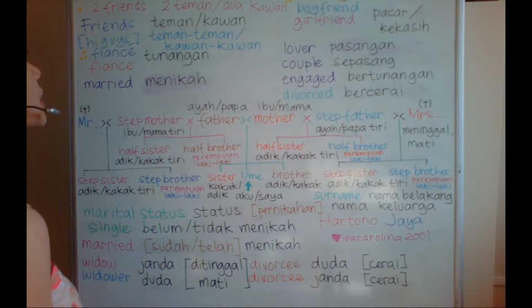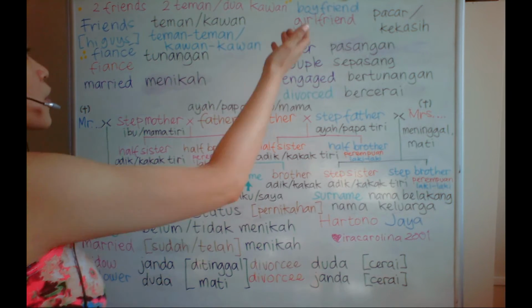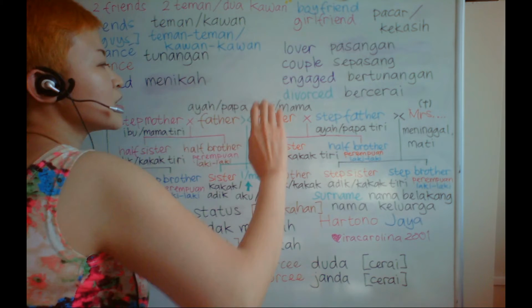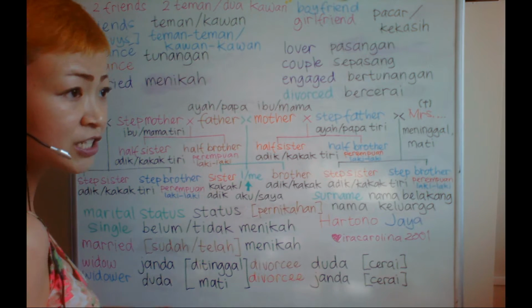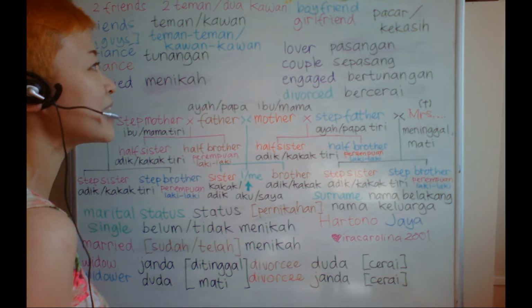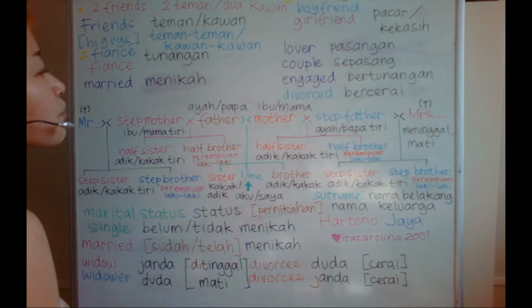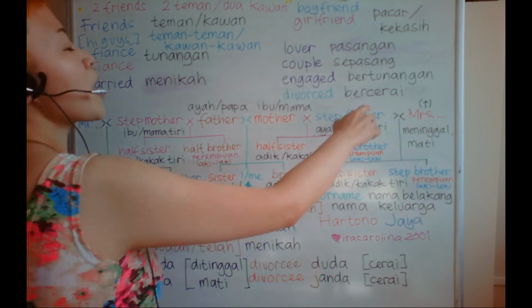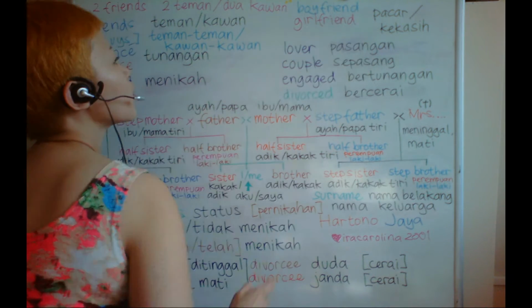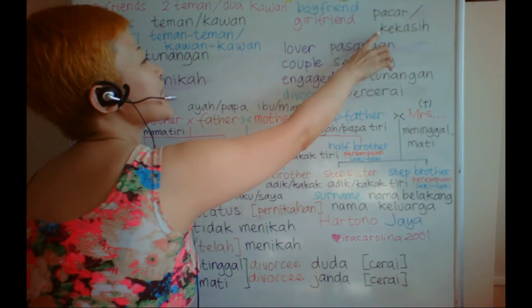And now, boyfriend or girlfriend. In Indonesian language or Bahasa Indonesia, we don't have specification for gender. So you say pacar or kekasih.